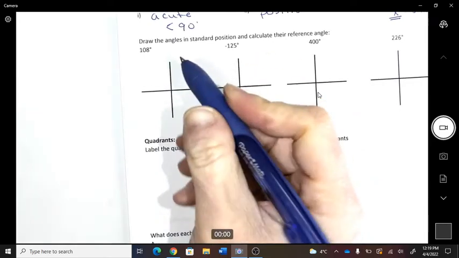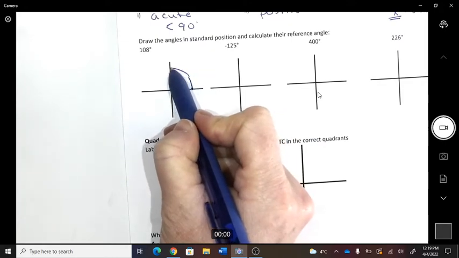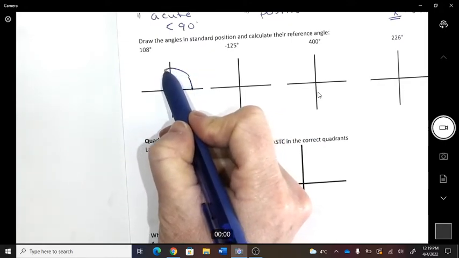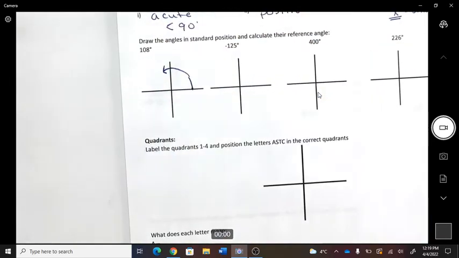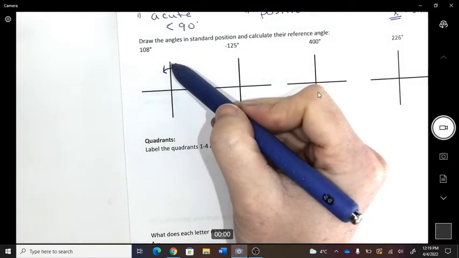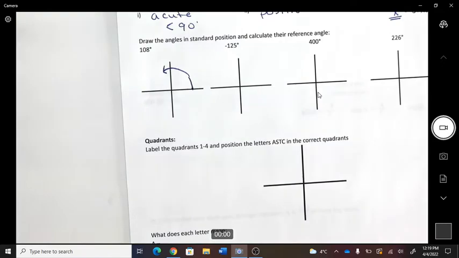Tell me when to stop my rotation. Okay, so I rotated that much. And I learned that this is 90, so I should go a little bit past 90, right? That kind of makes sense.